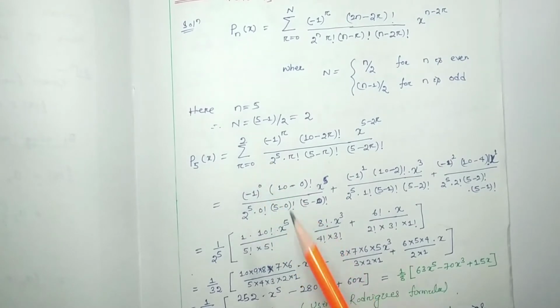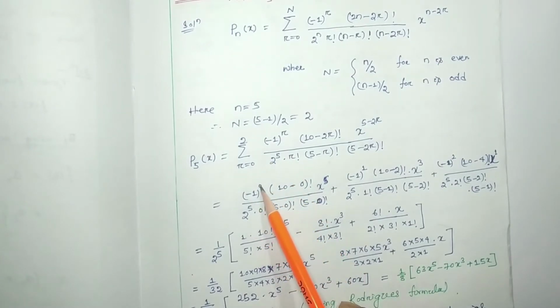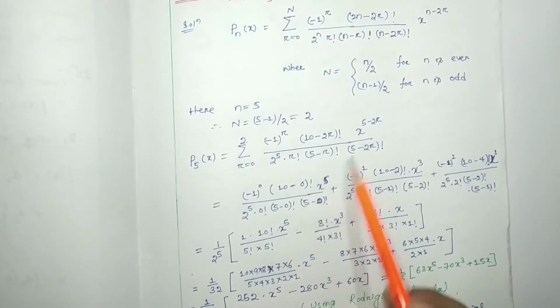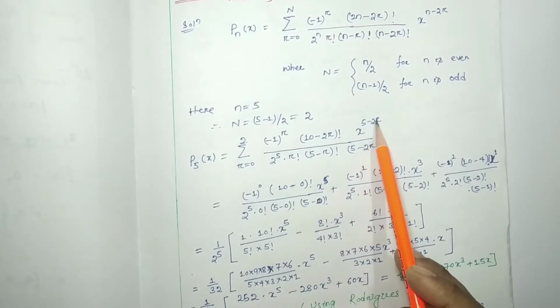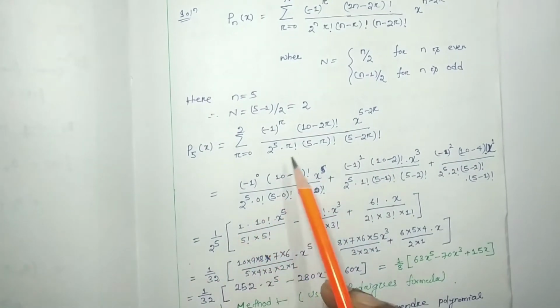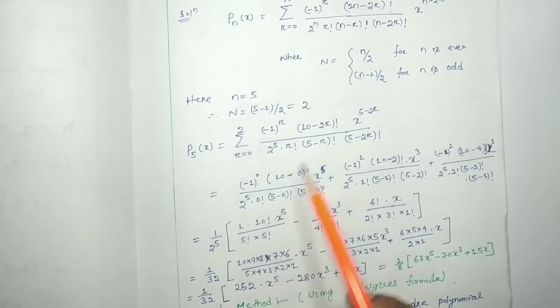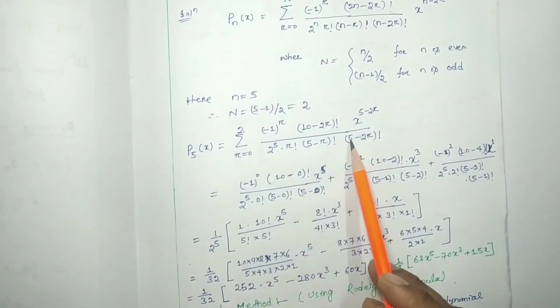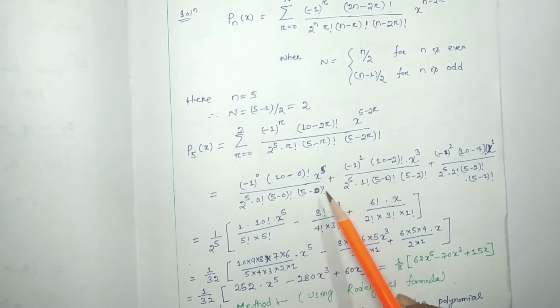For r = 0 we get (-1)^0 10! x^5 divided by 2^5 0! 5! 5!.